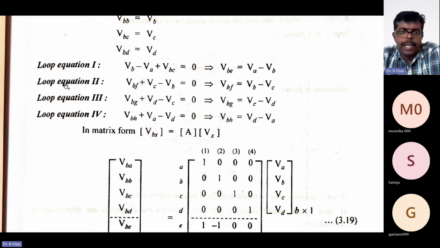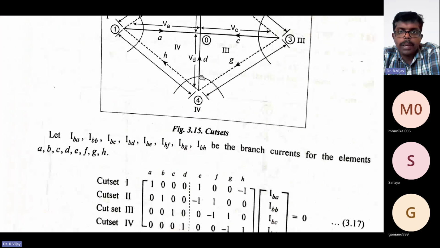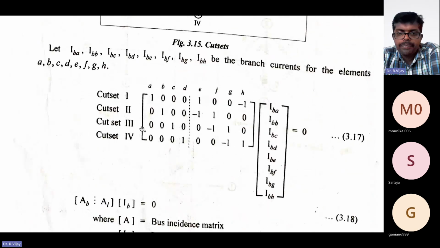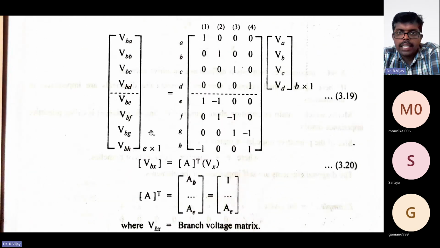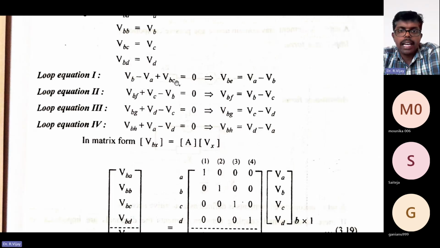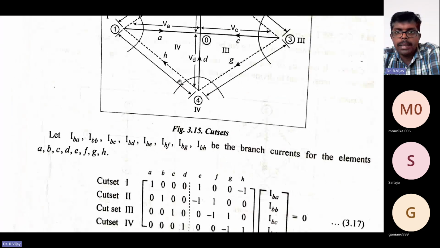Similarly, loop equation 2. What is loop equation 2? If you frame the loop like this, it is VC minus VB plus VBF. Sorry, it is VBF, not VBC.